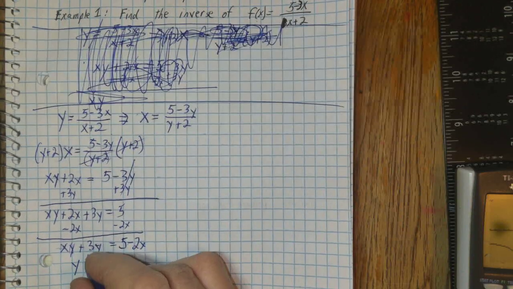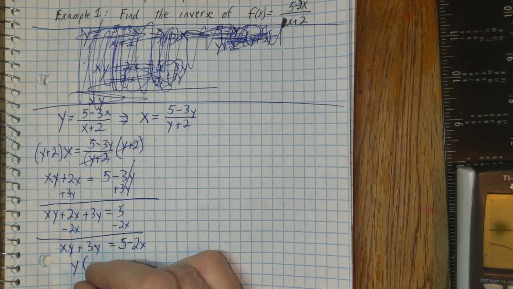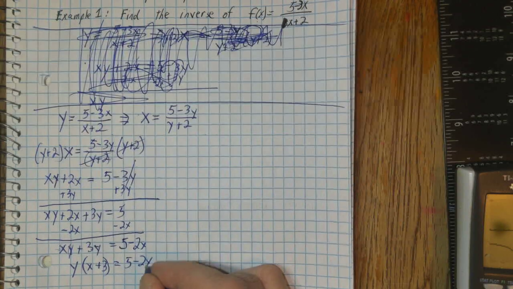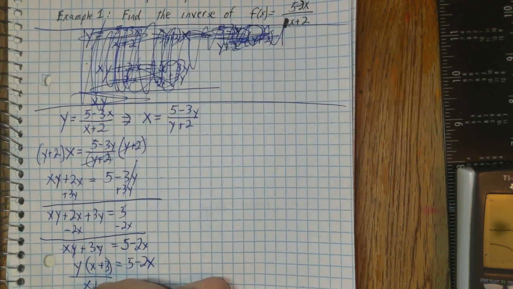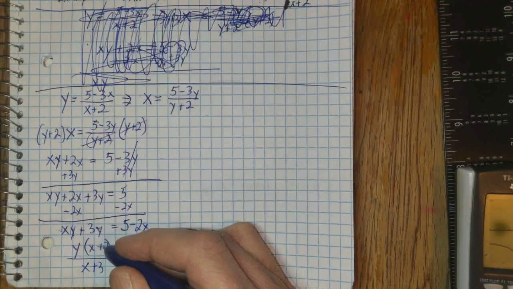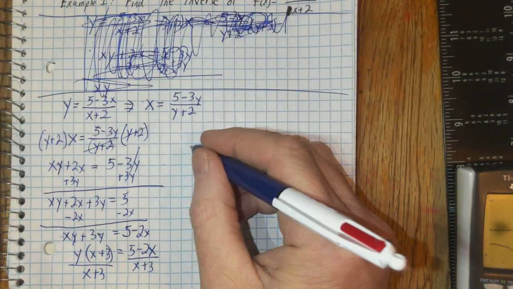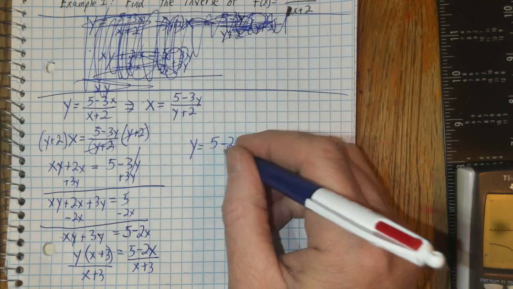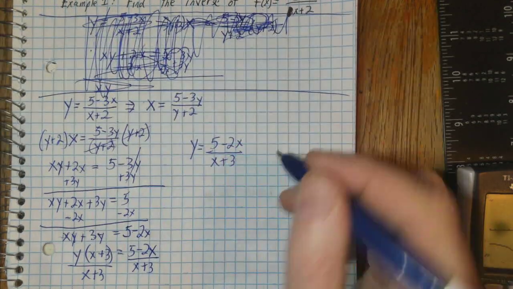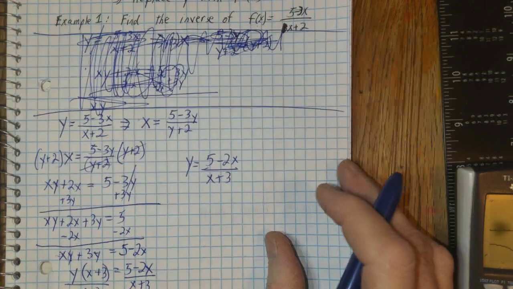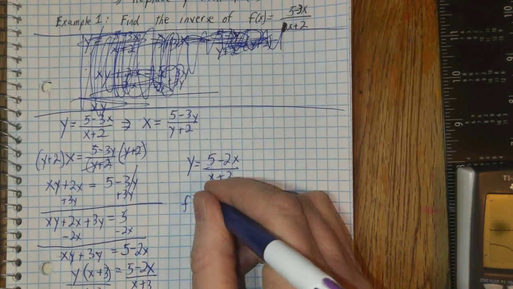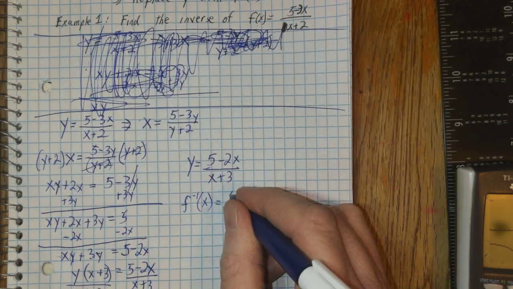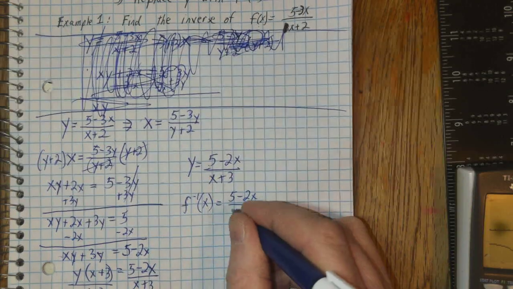I'm going to factor out y as the GCF, and I have y times (x plus 3) equals 5 minus 2x. I will divide by x plus 3 on both sides because I am solving for y. So I have y equals (5 minus 2x) over (x plus 3). And my last step is the inverse: f inverse of x is equal to (5 minus 2x) over (x plus 3).